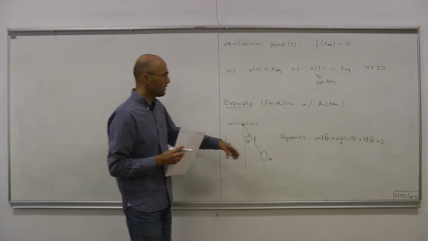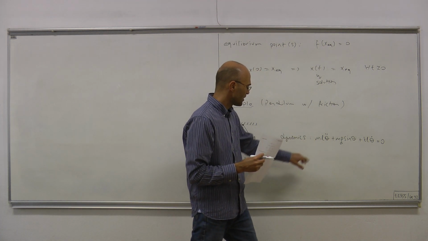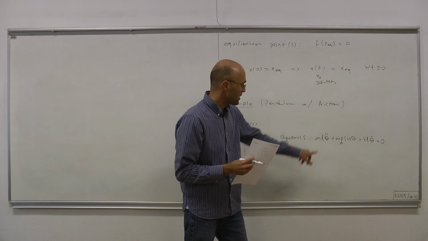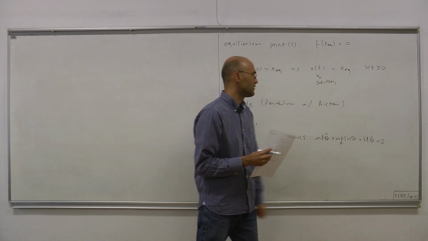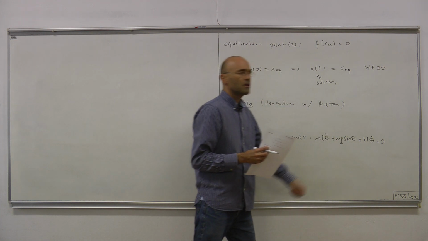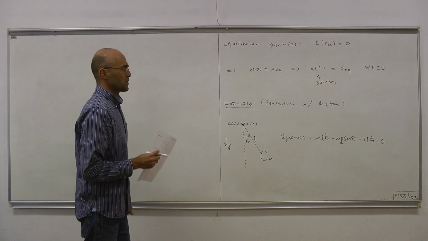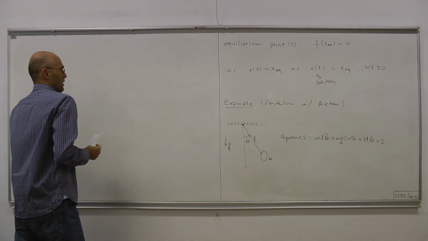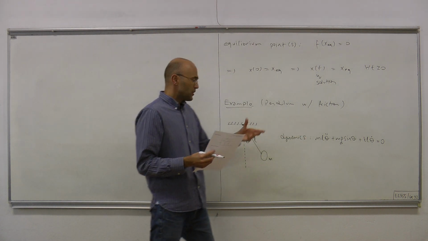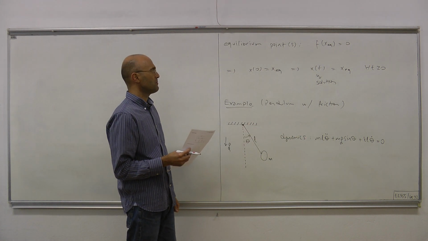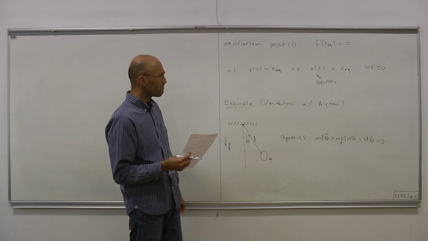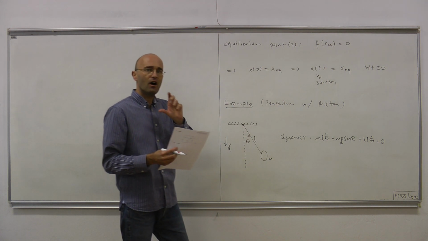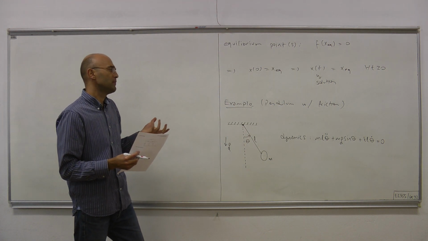All the others are constants. m is the mass, l is the length, g is the gravitational constant, and k is a constant that describes velocity. Now, this is a valid description of this physical system, but it doesn't fit into our description of a system, but that's a minor difficulty.